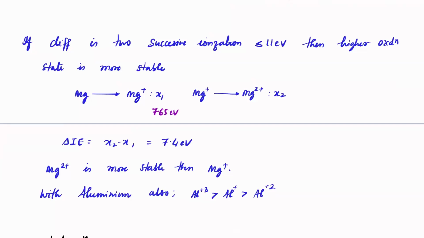The second one is 15 electron volts. So the difference between these two is hardly 7 units. Since the difference is lesser, magnesium would prefer to stay in +2 form rather than +1 form. That's the reason why Mg2+ is more stable than Mg+.